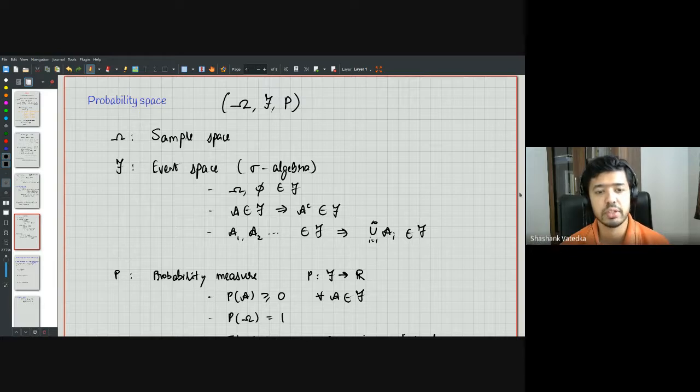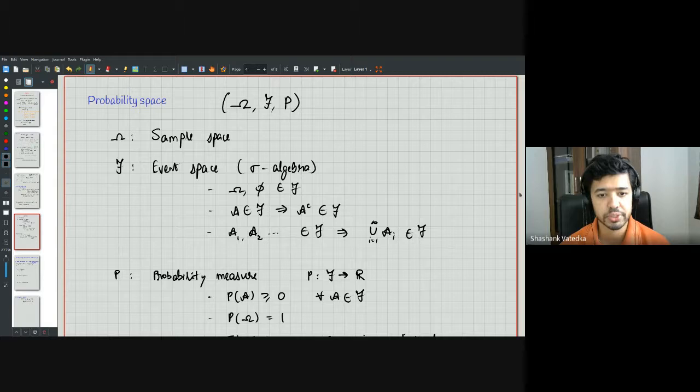Whenever you're studying a problem in probability, you need to first set down what the notions are. So you start off with the concept of a probability space, which consists of three things. One is the sample space, which is typically denoted by omega, and then on this sample space you have a set of events, the events that you're interested in.